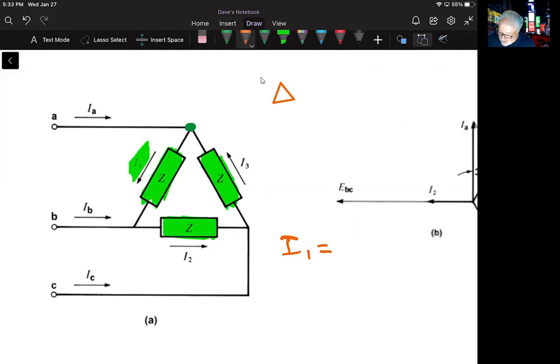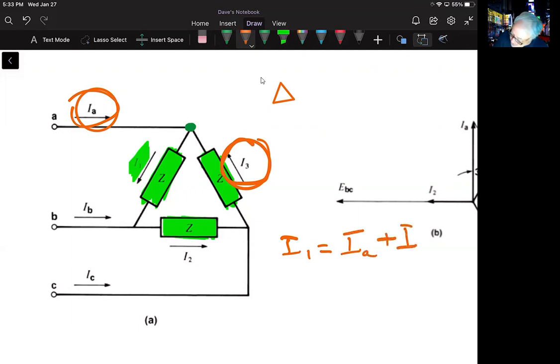IA is entering, I3 is entering. So I1 is equal to IA plus I3, Kirchhoff's current law. What he has done in our textbook is solve this for I sub A. I sub A is equal to I sub 1 minus I sub 3. And that comes out to be equation 8.5.